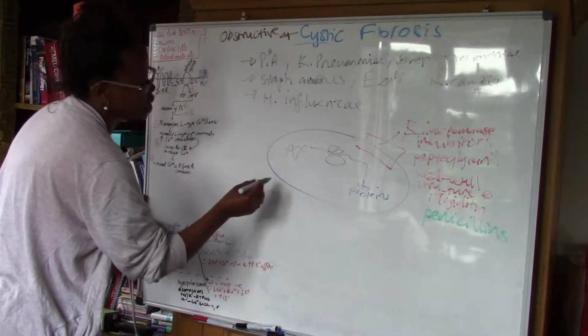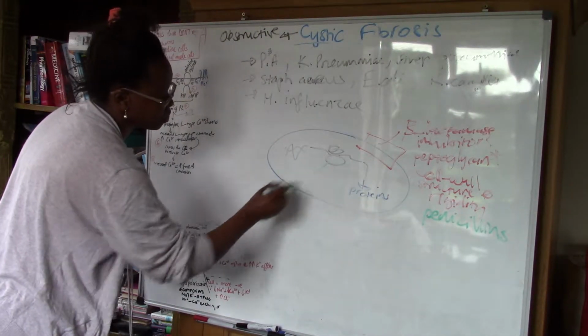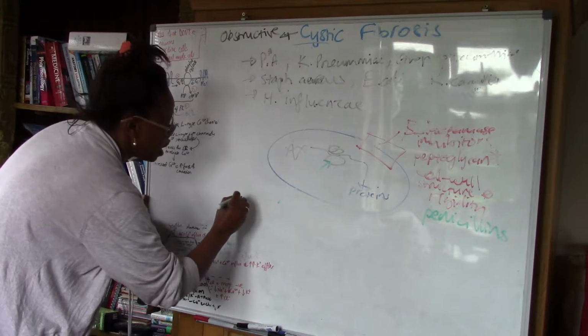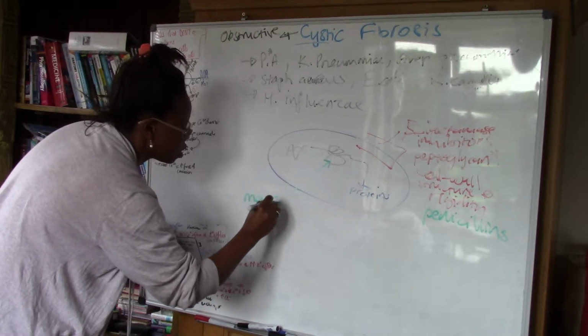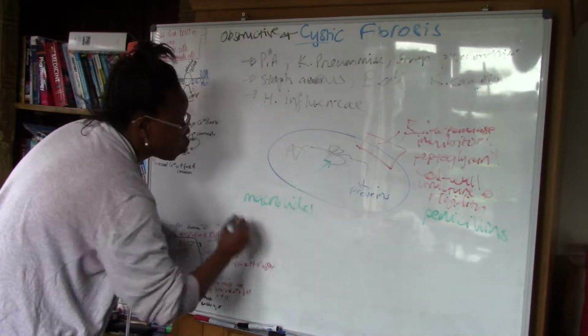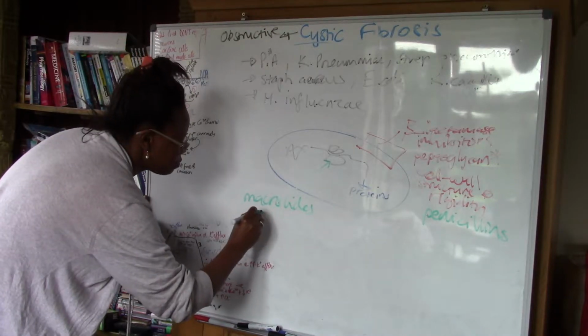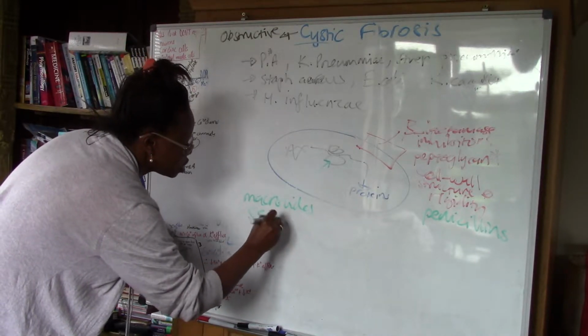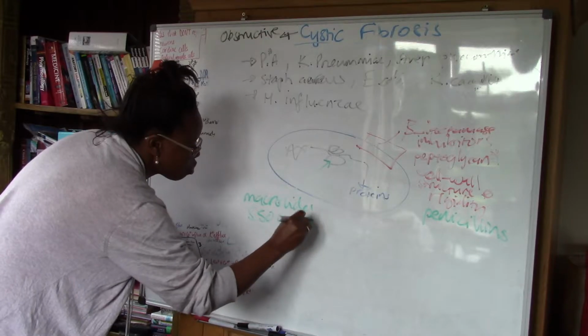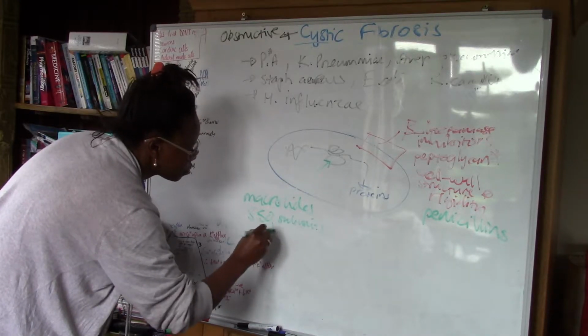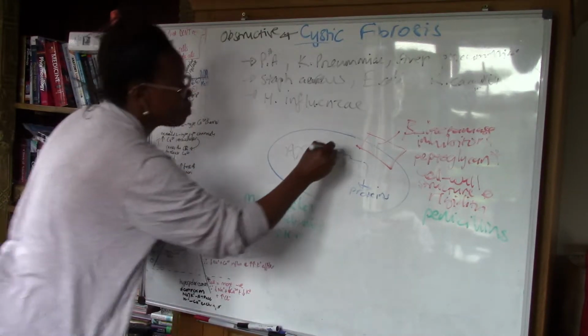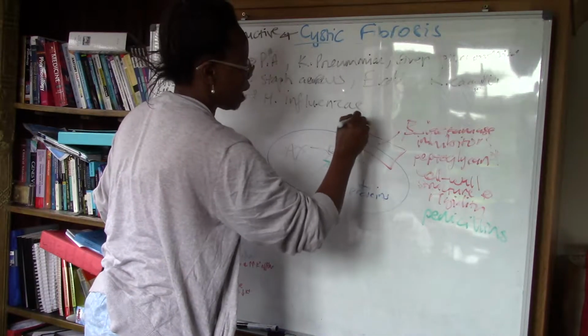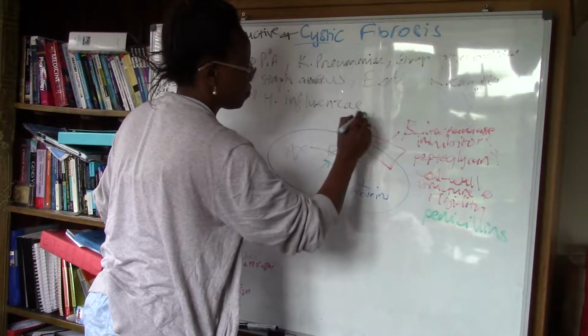We can also give things like the macrolides, which will bind the S50 subunit of ribosomes. The augmentins do similar, but binding the S30.